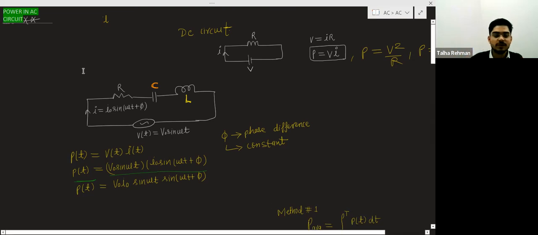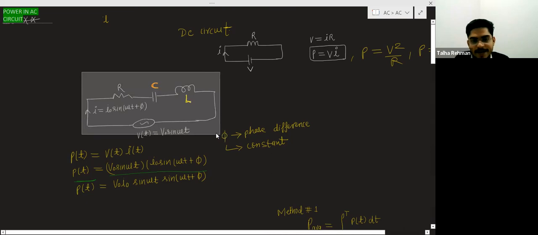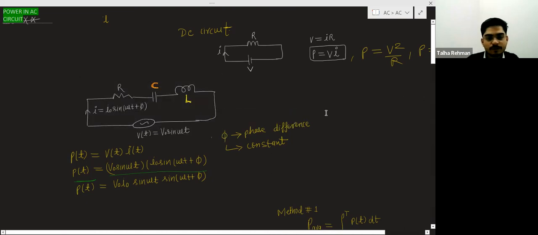Simple. So suppose at any time t in this circuit, the voltage is given by V. I have written it like this: V suffix t, V in bracket t. What does this mean? This voltage is a function of time, meaning voltage is changing with time. So voltage at any time t is equal to V naught sine omega t in this series LCR circuit or AC circuit.